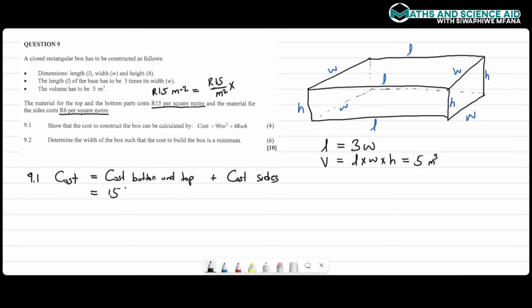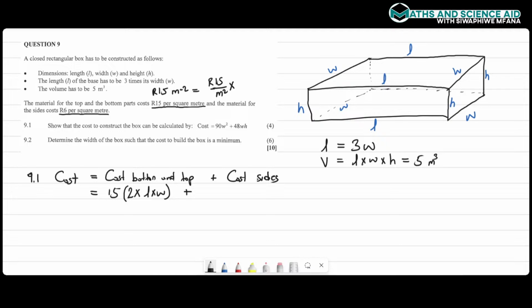So this 15 here must be multiplied by the area of the top and the bottom parts. Obviously the top and the bottom part will have the same area, so we can just say 2 times, and that area will be given by length multiplied by width, right?